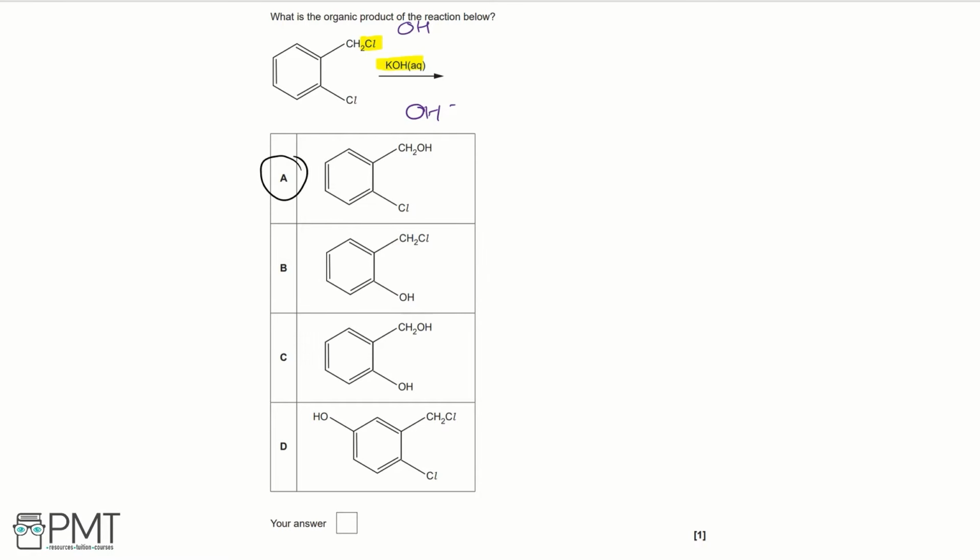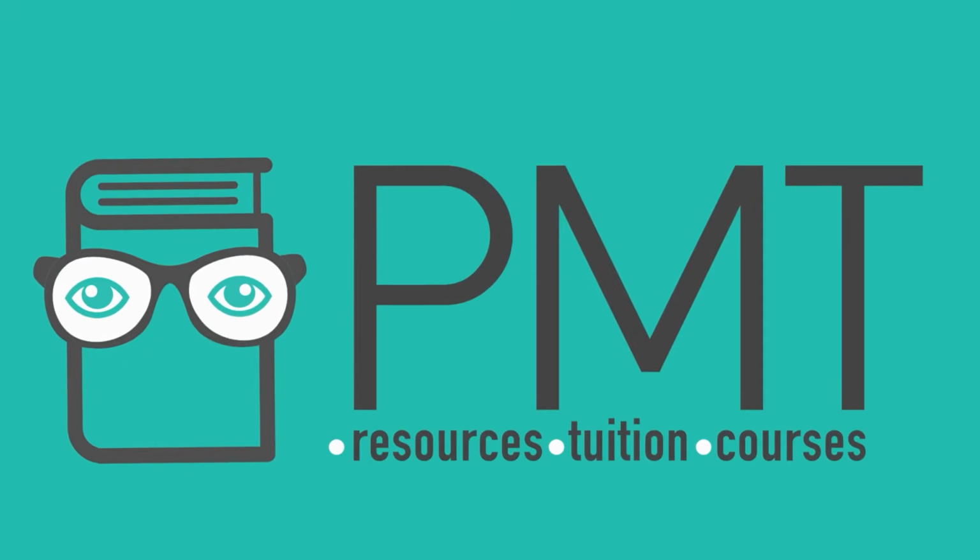B does not show this, neither does C or D, because B is showing that the OH group is being substituted onto the benzene ring, so is C, and so is D. Therefore, to get the mark for this question, you need to write A in the answer box provided.